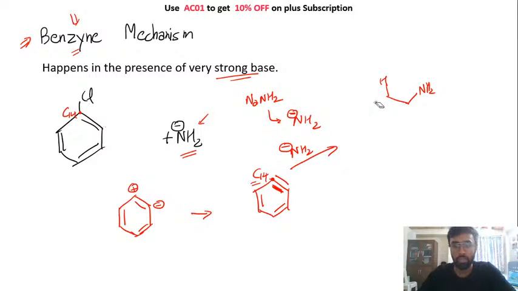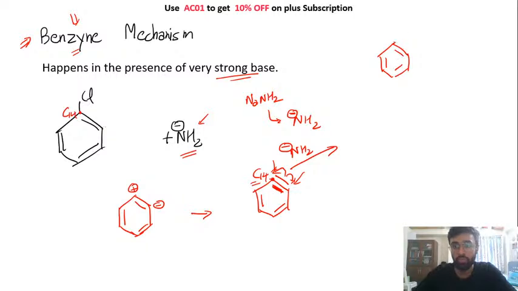I will erase this product. Now the thing is when your NH2 negative will attack on this species, this NH2 negative can either form a bond with this carbon or it can form with this carbon. The possibility of forming the bond of NH2 with these two carbons is equal, right? Because this bond can either polarize in this direction or it can polarize in this direction. So on that theory, you will get two products from here.